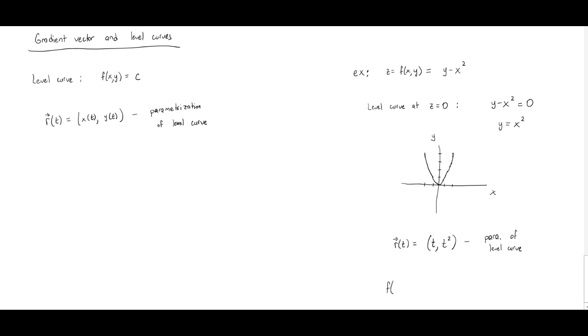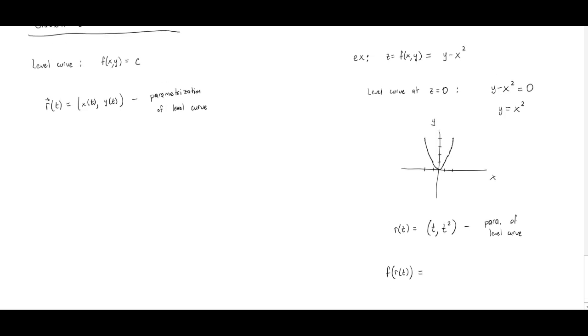So in this example, notice that if I do f of r of t, I'm going to be a little bit lazy and not write my vector signs. If you look at what f of r of t would equal, if you plug in t and t squared for x and y, you should get 0.